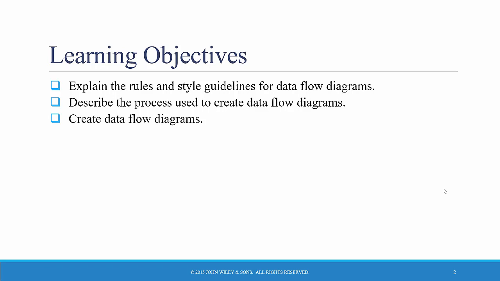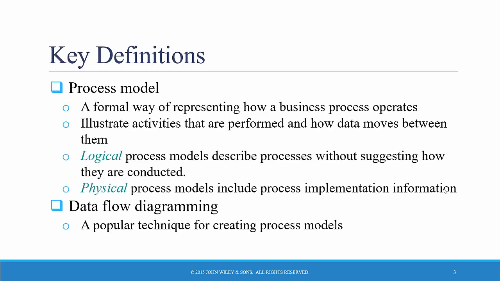Like use cases, DFDs are a graphical way of representing how a business system should operate. It illustrates the processes or activities performed and how data move among them. They can be used to document an existing, so-called as-is system, or to document a new, not yet existing system.